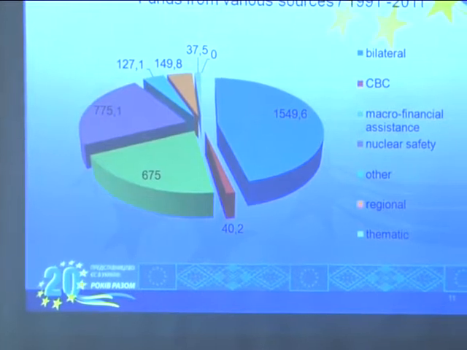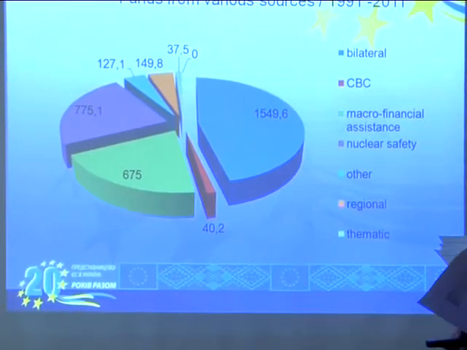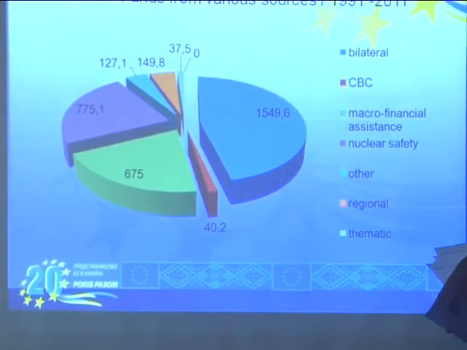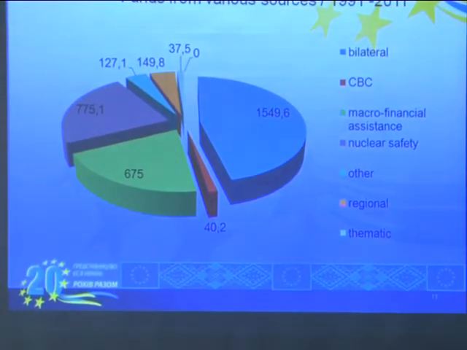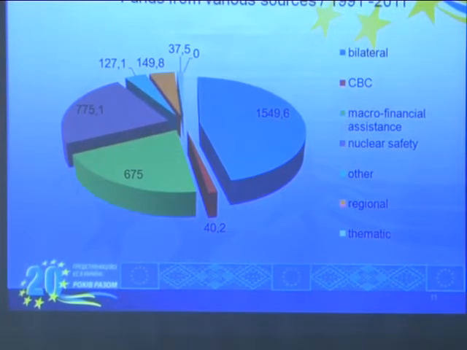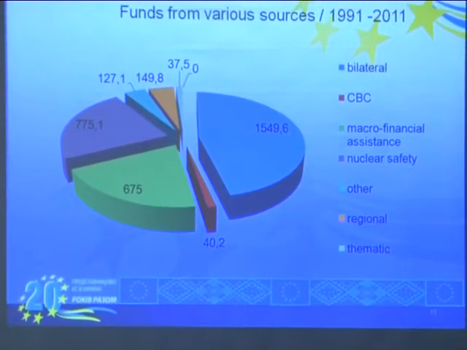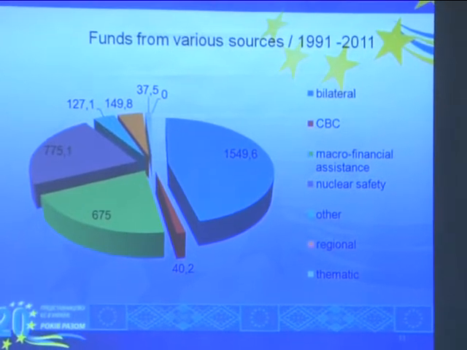And a large part of that assistance was provided on the basis of the bilateral envelope. That's the aid that comes out of the European Neighbourhood Policy instrument, or formerly the TACIS instrument. It's actually aid or assistance that is earmarked for a country, in this case for Ukraine.